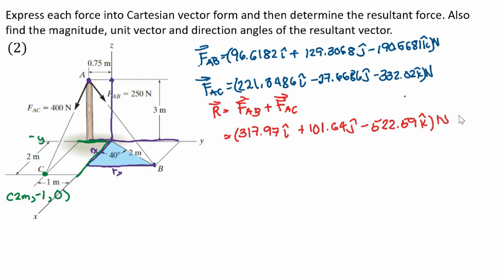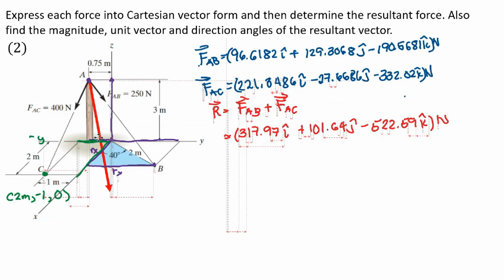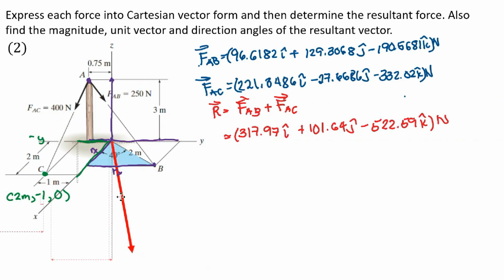Now, if we try to draw this into our diagram, let's try to draw it first coming from the origin before we put it here. So this is our R, and we have positive X, so that is positive i hat, positive j, and negative Z. So that will be positive X, positive Y, and negative Z. We can draw properly the resultant vector if we scale this.